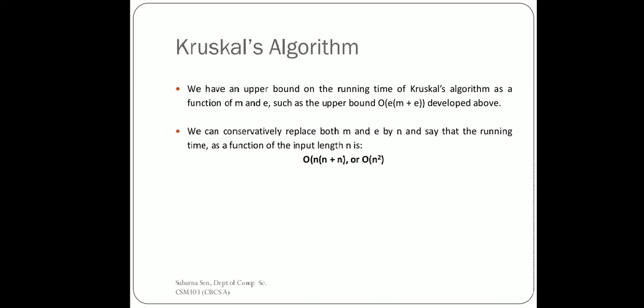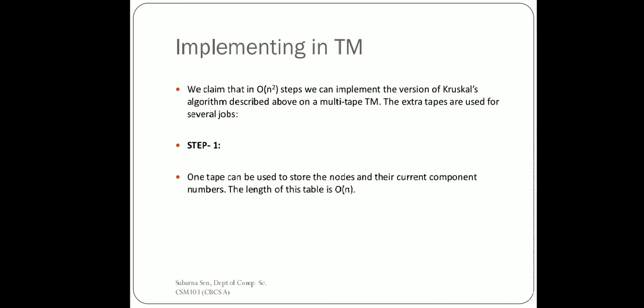Okay, so let us begin. We are claiming that it can be implemented in order of n square steps in the case of a Turing machine. If we begin, we will have one tape which is used to store the nodes and their current component numbers, right?